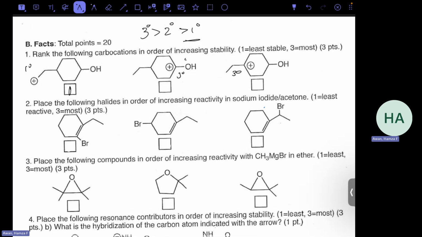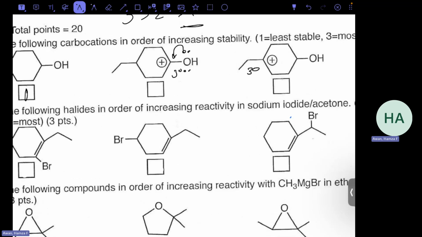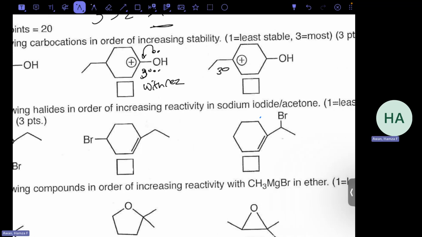Notice on the middle one, we have this oxygen that's capable of giving its lone pairs to create a double bond, and that gives it resonance, right? So this is a tertiary carbocation with resonance, versus this one, where the oxygen is not able to give its electrons all the way over there.